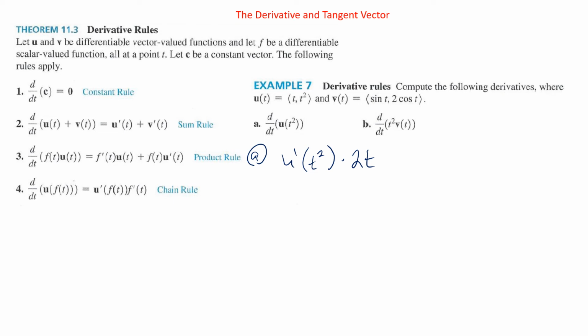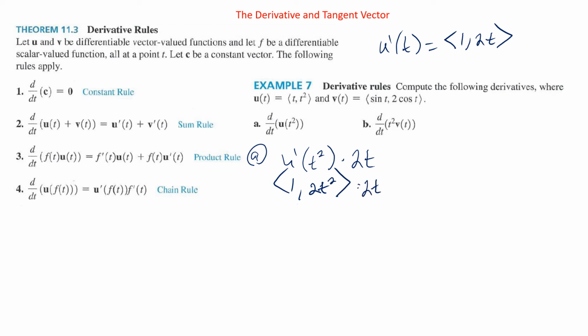So u prime of t will equal 1 comma 2t. So now we need to substitute t squared in for t. So this will be 1 comma 2t squared times 2t.